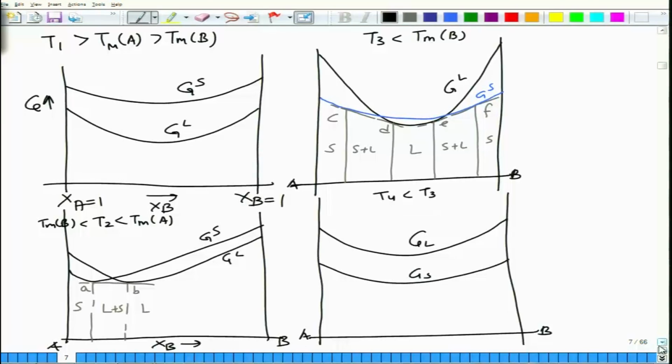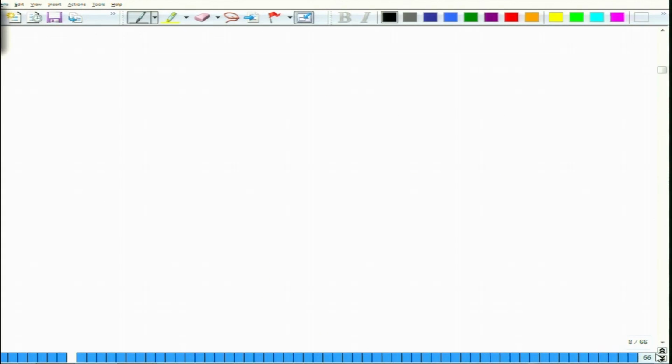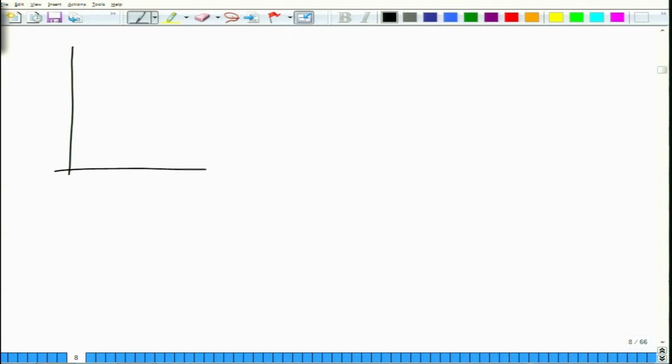Now it seems a bit strange in one sense that you had a single phase region liquid followed by one two phase region, and then you had two phase regions. So the liquidus and solidus are a little different. Now let us go to temperature T5.